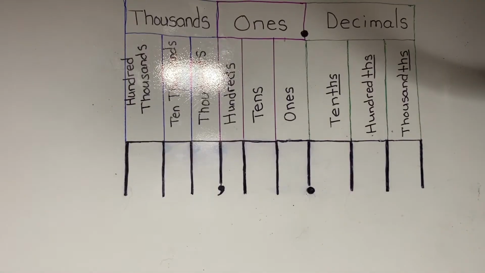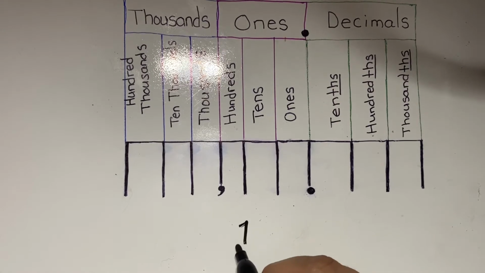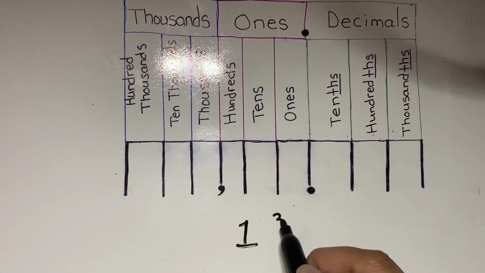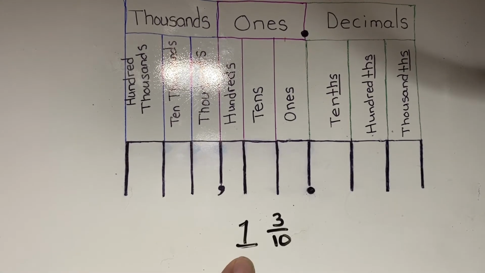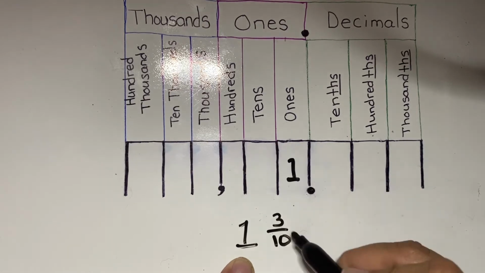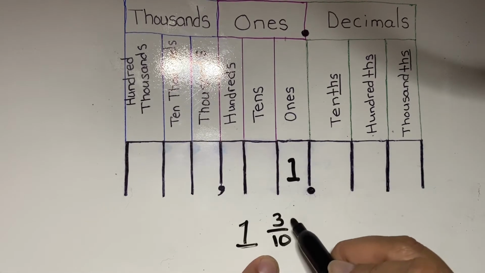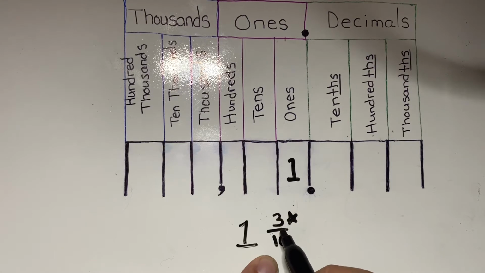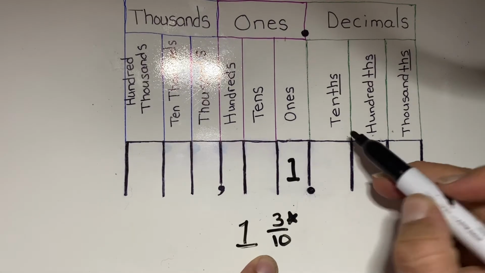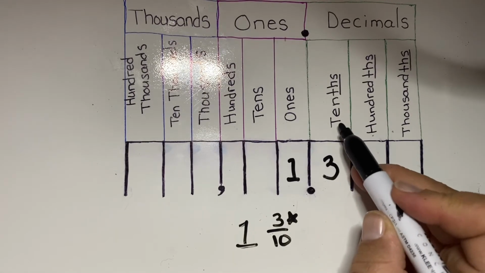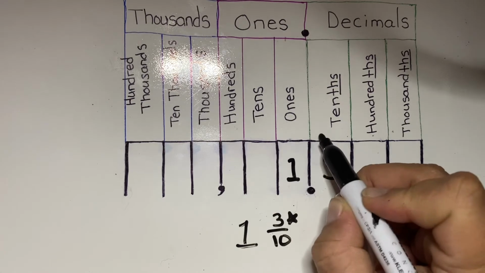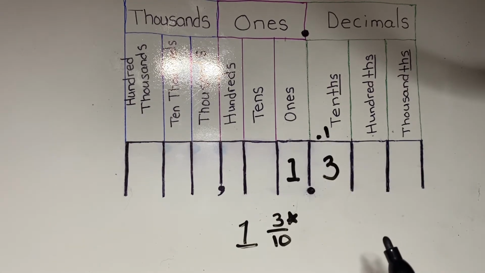So if we have a mixed number like 1 and 3 tenths, well, I know I have 1 right here, goes right there. How many tenths do I have? I have 3 tenths. Each one of these tenths looks like decimal 1.